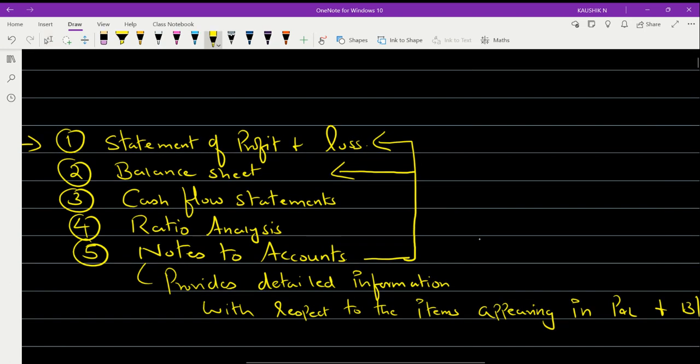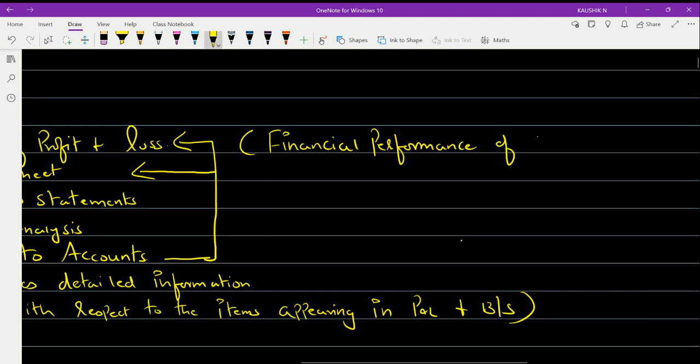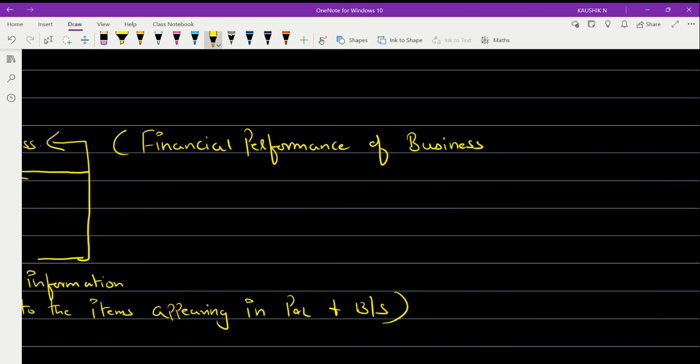Now, why do we prepare P&L is quite simple. When you prepare the P&L account, it gives the financial performance of the business. What is this performance?